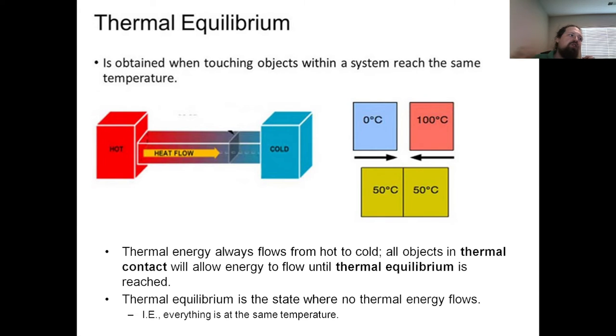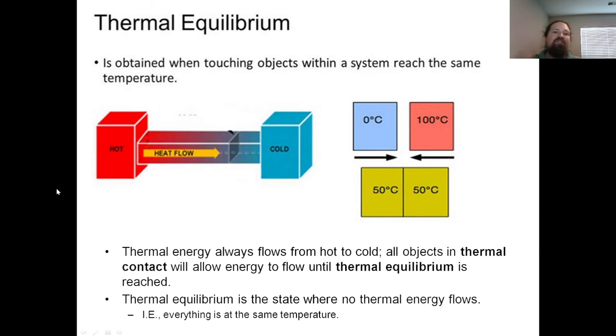Now, it's worth considering that human beings don't actually have thermometers in their skin. You don't specifically have any method of telling what something's temperature is. You can't touch something and say, yes, this is exactly 32.4 degrees Celsius. You do not have a built-in thermometer. All your body is capable of detecting is whether or not thermal energy is entering you or exiting you.